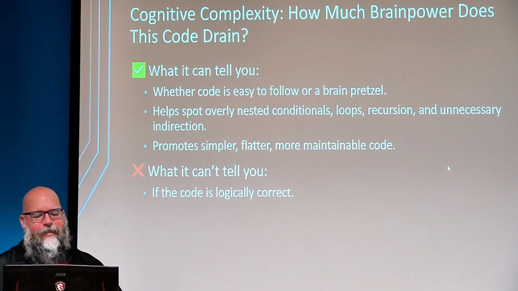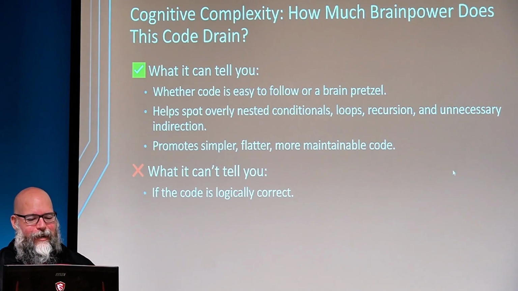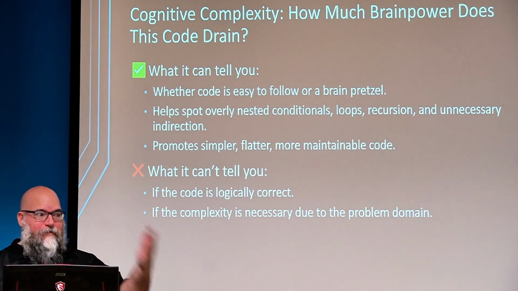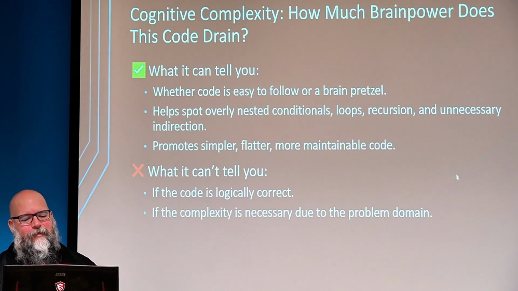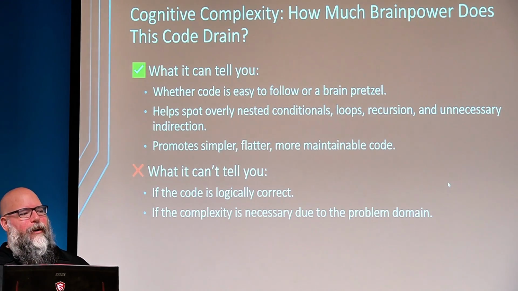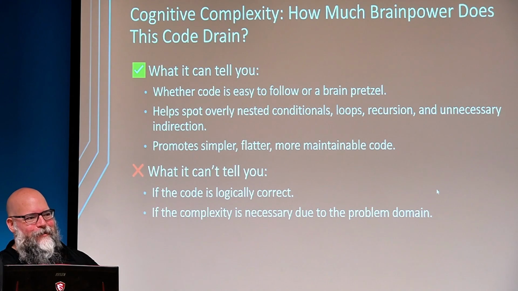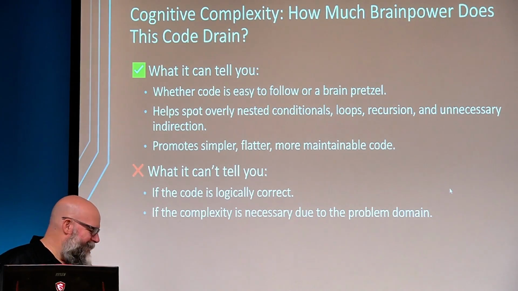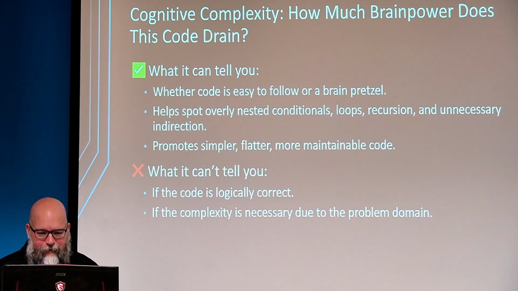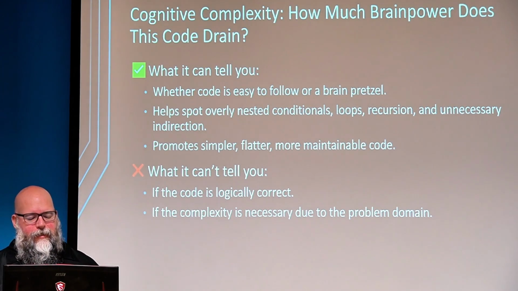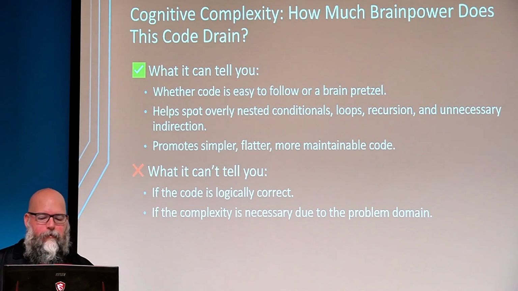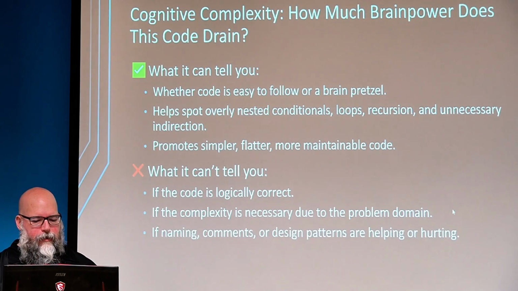All right. So what's not going to tell you whether or not your code is logically correct? In case you didn't notice, none of these code metrics are going to tell you whether you actually wrote the right code. That's a problem left up to the users to figure out. Up to LLMs now. So it's not going to tell you anything about the complexity, or if the complexity you're using is necessary to solve the problem.